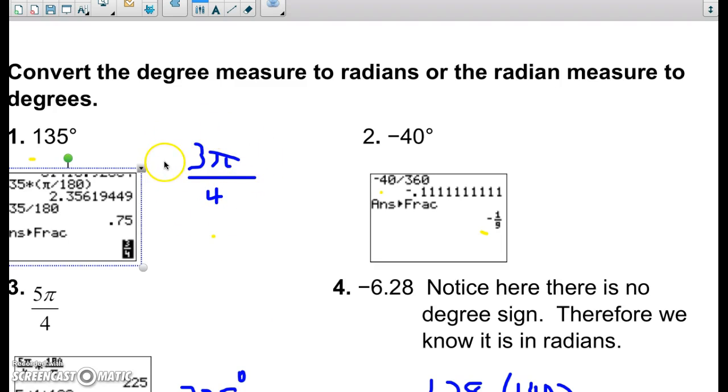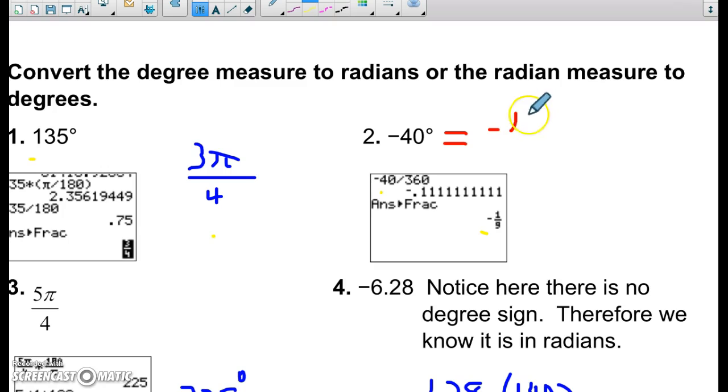So my answer is going to be written as 3 pi over 4. For negative 40 over 360, that's 1/9, so it equals negative 1/9. And so I know this is going to equal negative 1/9 times pi, or we usually like to write it like this, negative pi over 9.